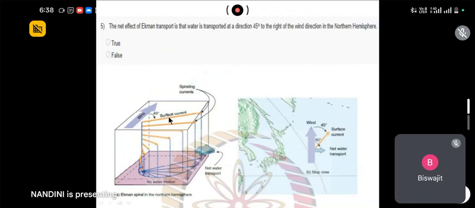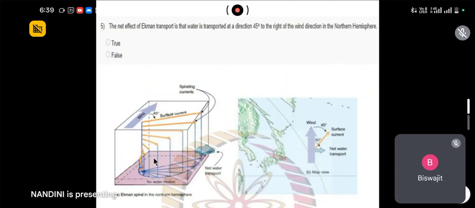This is showing the northern hemisphere. All the consecutive layers create a particular angle with respect to the surface current, creating a spiraling structure as we go deep into the ocean. At a particular point, the net motion will be almost zero.